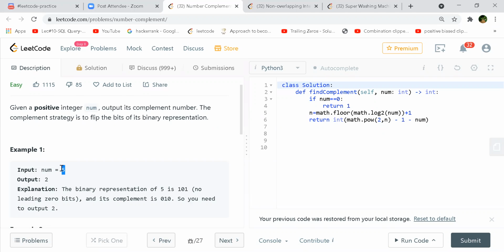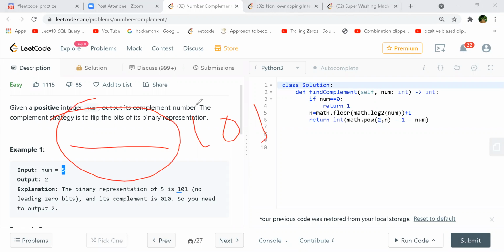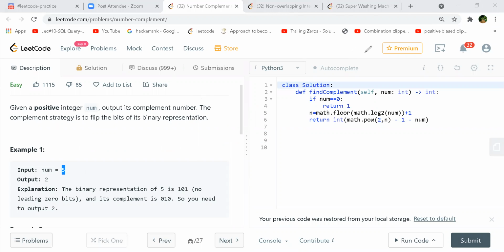You try to get the first highest bit, which is that 1. Otherwise these many bits will also become 1. So to avoid that, you take that line number 5, and then convert it to the power of 2.